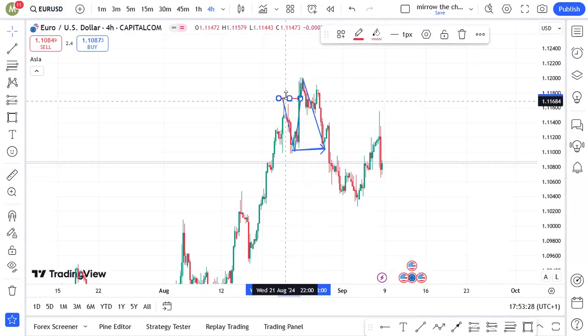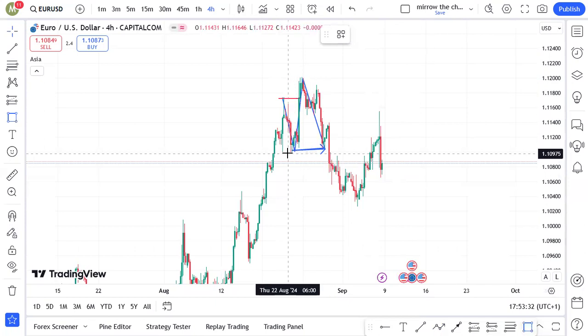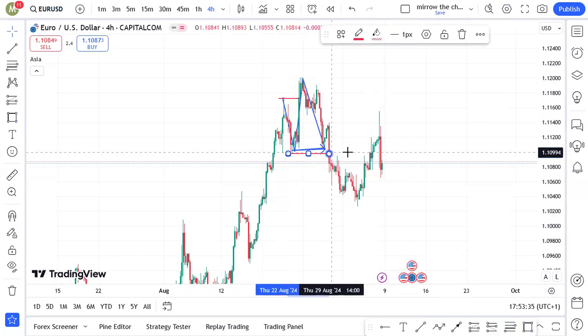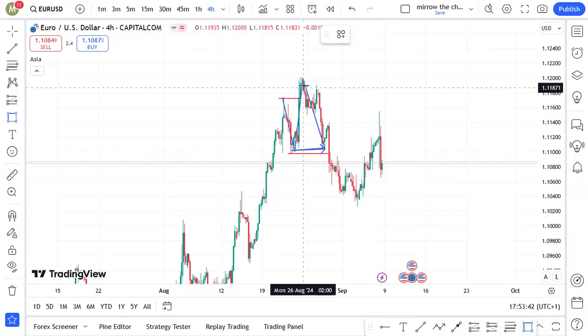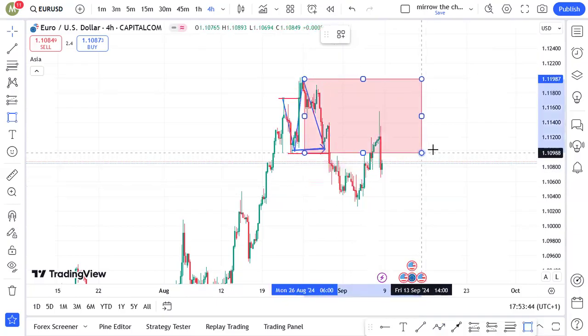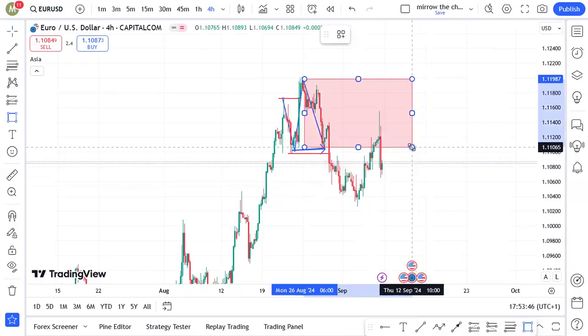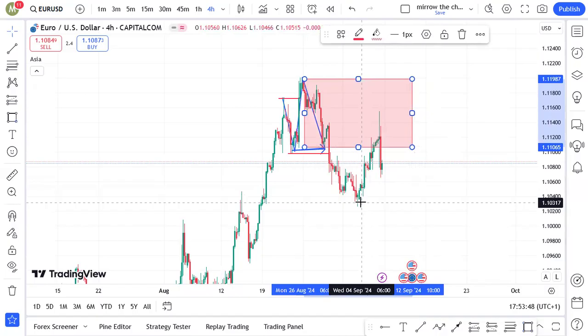Now, price took out this previous high and came down and broke this low. Look at this area, this whole area now is our range structure that we are going to work with in the near future, be it tomorrow, be it next year or so. But this is just the example.